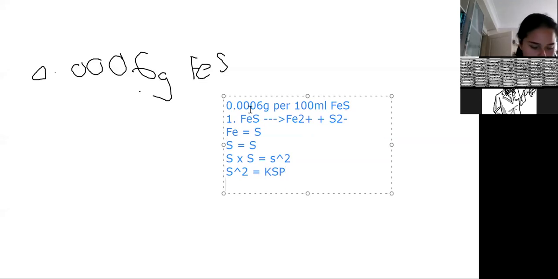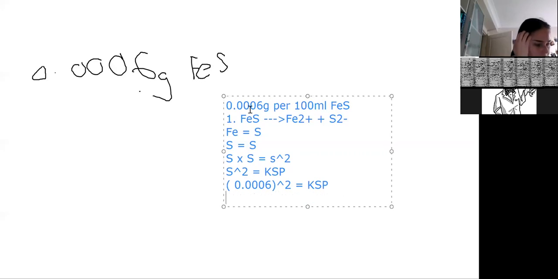And from reading your sheet, it says that you've got that annoying number. So what you're going to do is 0.0006 squared, which equals your KSP value.